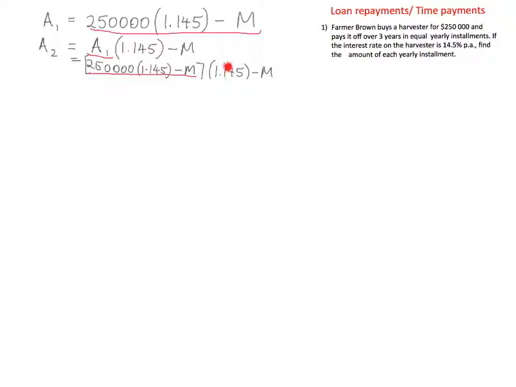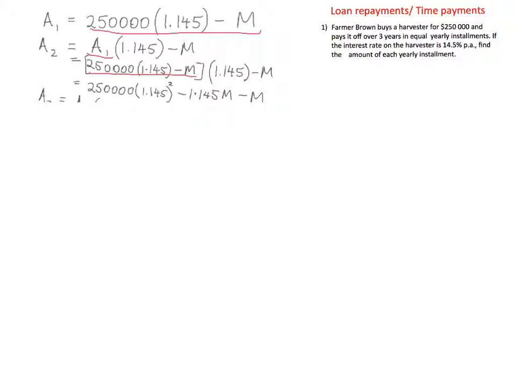So 1.145 times this, and 1.145 times M. When we multiply 1.145 times the first 250,000 times 1.145, we get 250,000 times 1.145 squared. Then when we multiply this, we get this, and we've still got the minus M from the end. So that is the amount owing at the end of the second year.